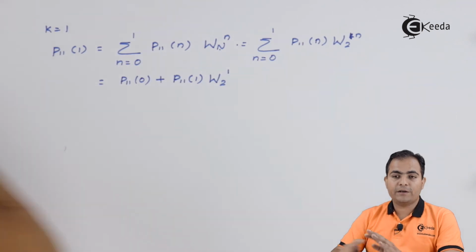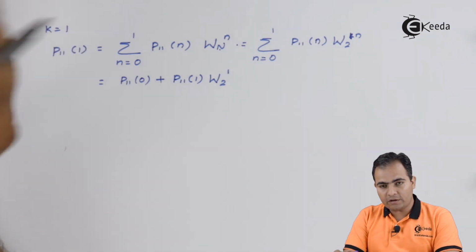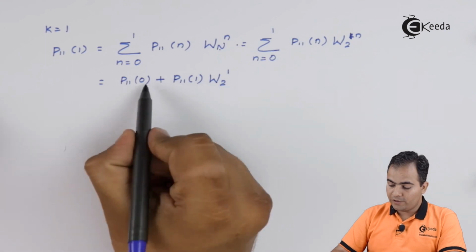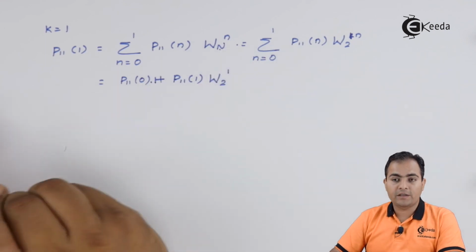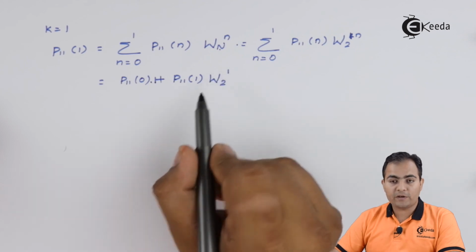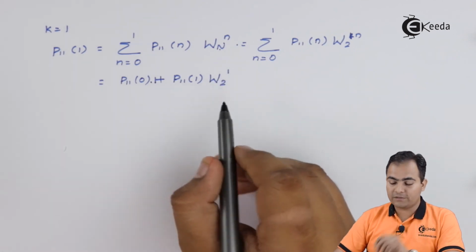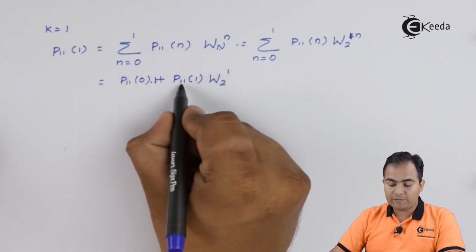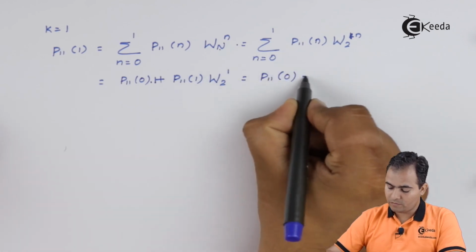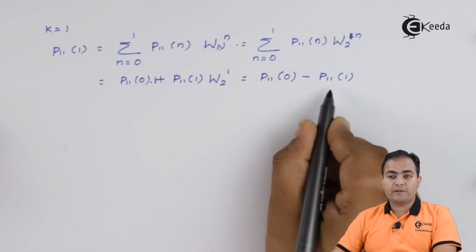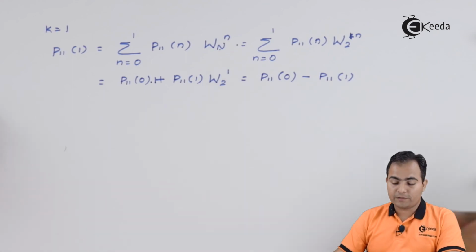The graph is divided into two parts. Either you will get 1 or you will get -1. So if we have omega n to the power 0, which means you have 1. But when we have omega 2 to the power 1, which means we have a -1. So this whole P11 of 1 value is multiplied by -1. So I can write P11 of 1 will be subtracted from P11 of 0.